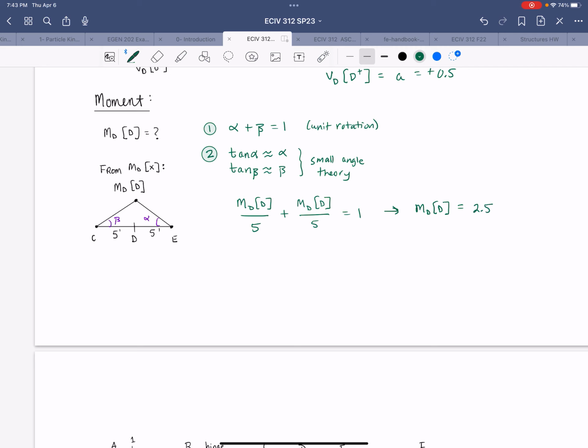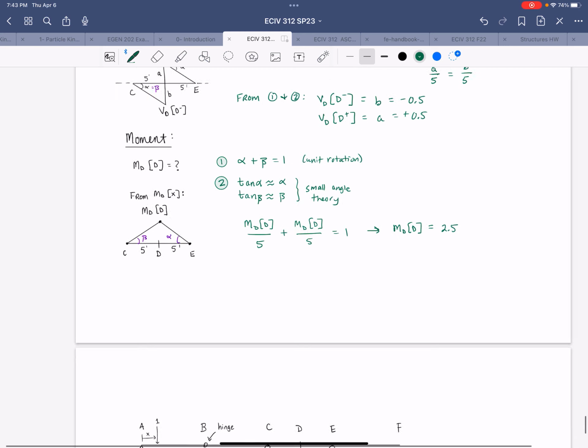All right, so now that we know D, we can find the remaining values using similar triangles.